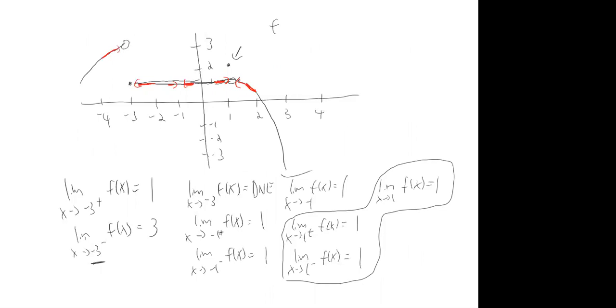We care about what it goes to. Hopefully you all see the difference there. In the case where it is equal to the value of the function, the word is called continuity, but you'll learn that in a few weeks, not now. So just know, for limits, we care about what it goes to, not what the value of the function is.